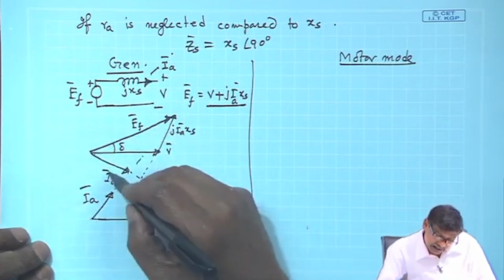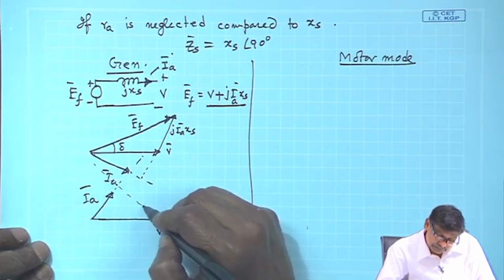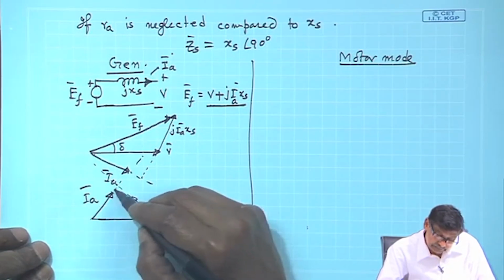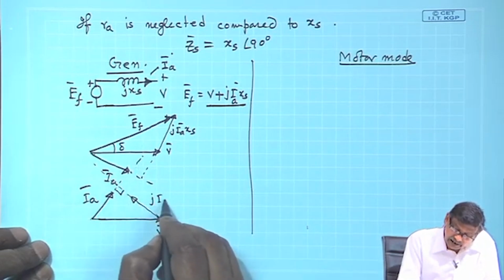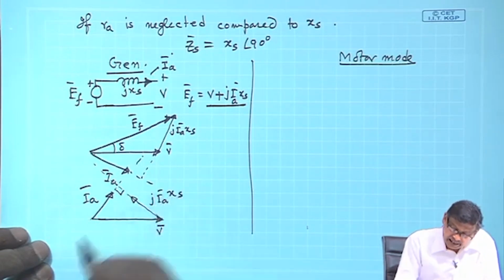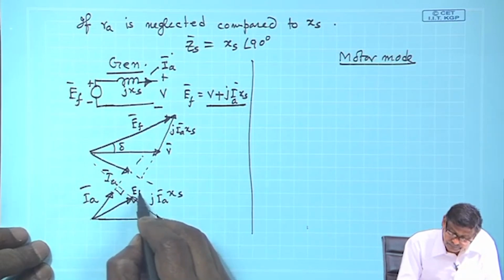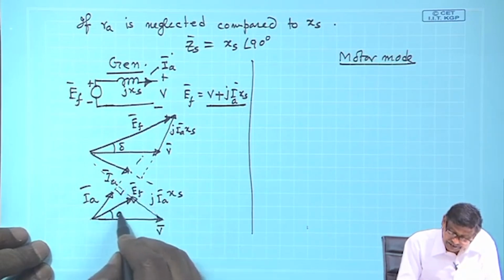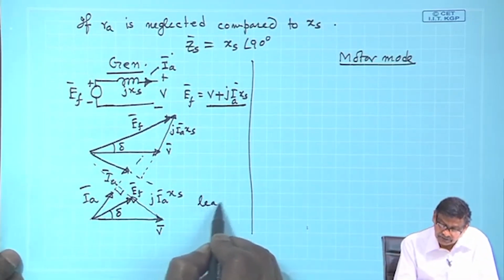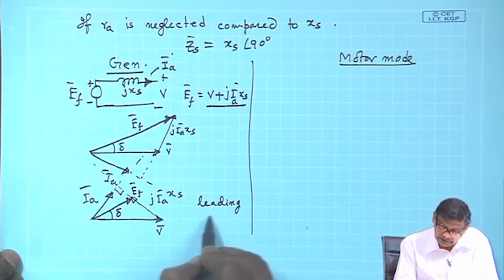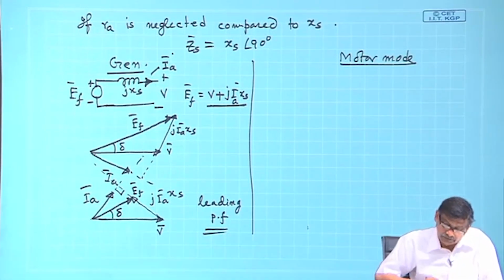So, draw a line which will be perpendicular to this I A line, and this will be your J I A x s, and this will be your excitation voltage, and this will be angle delta. So, this is leading power factor load.